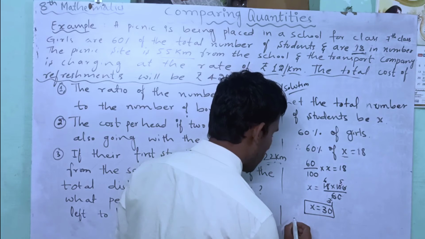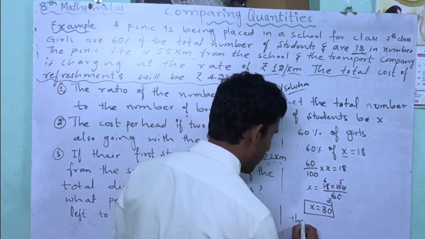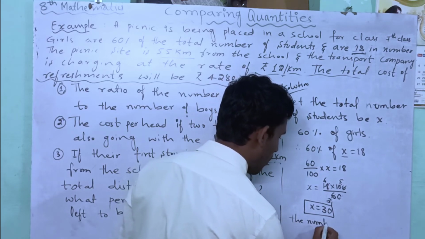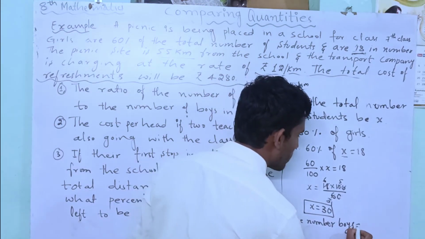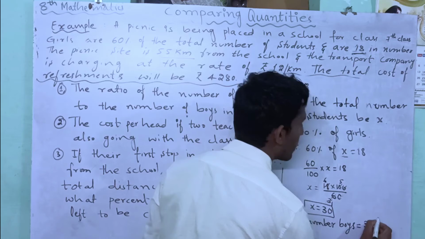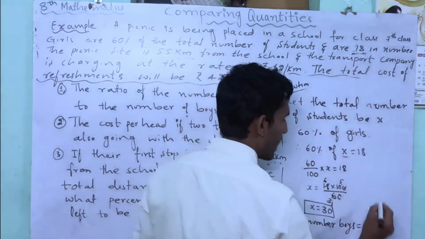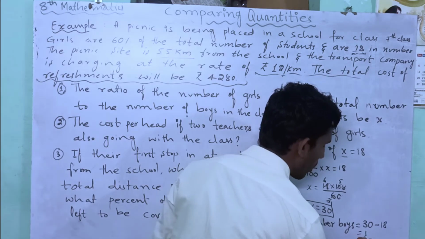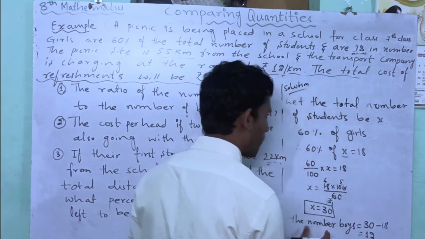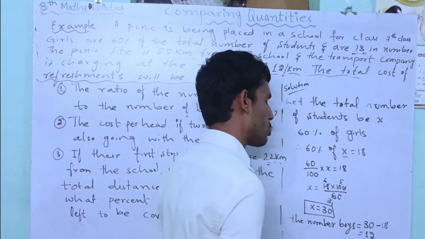When you do the subtraction, the number of boys is equal to 30 minus the number of girls, which is 18. You will get 12. Here the number of boys is 12 students.